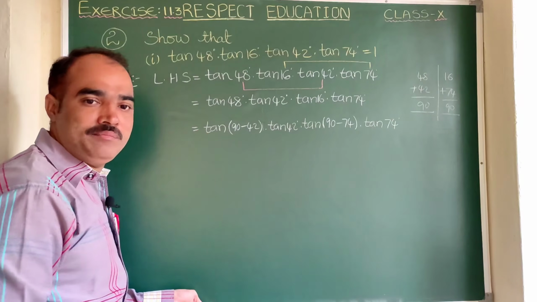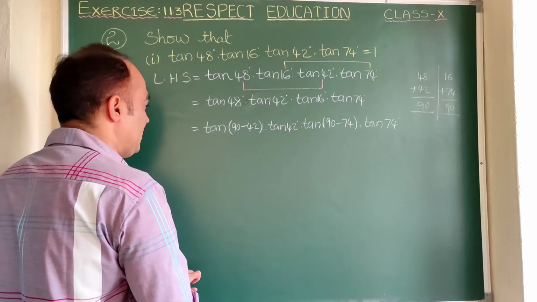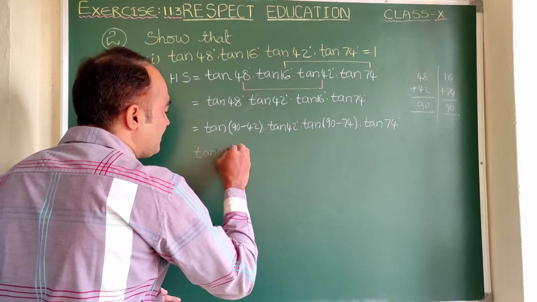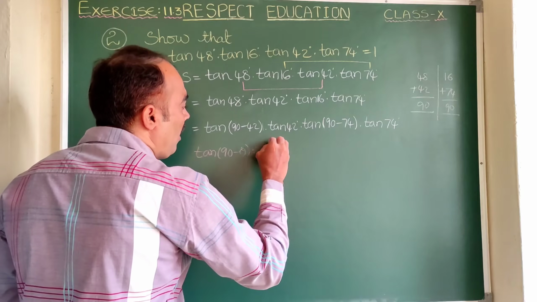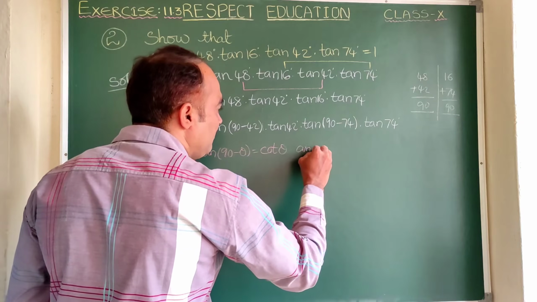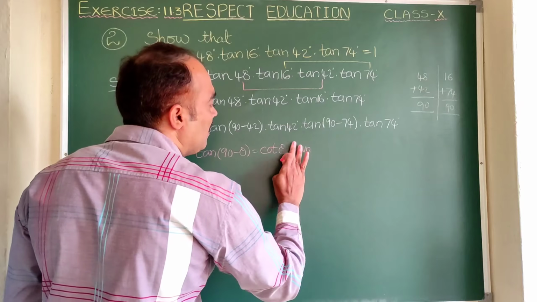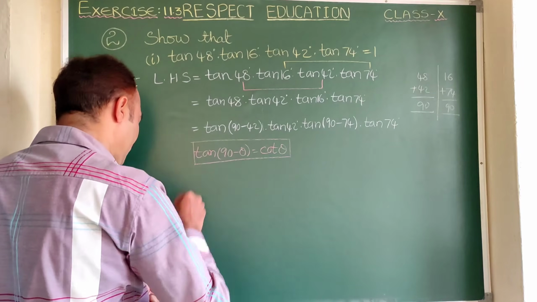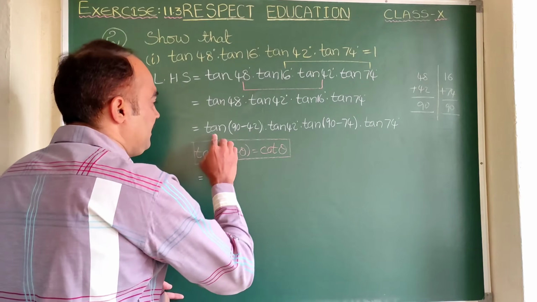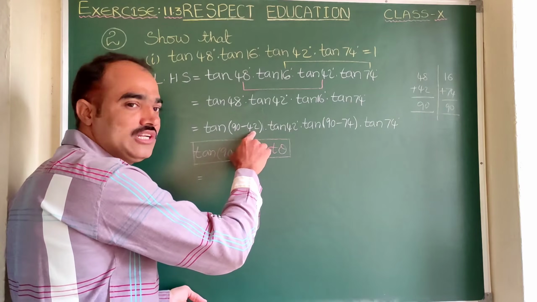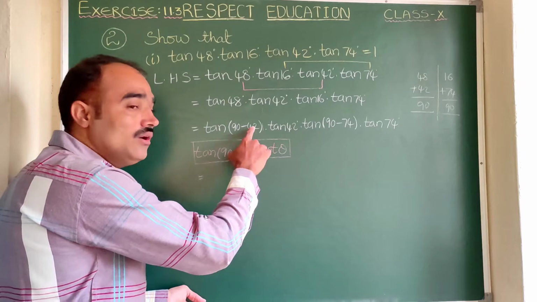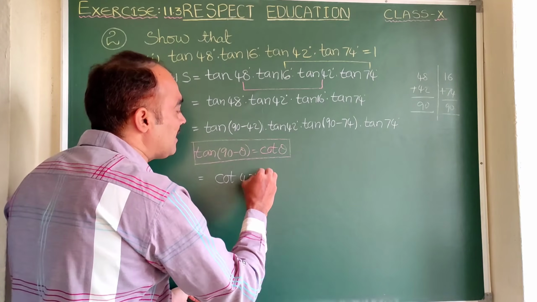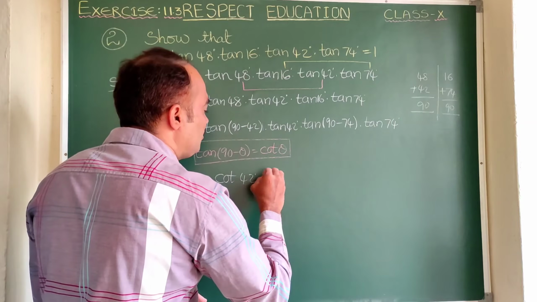Is there any doubt in this step? No, sir. Now let us apply the formulas. Tan of 90 minus theta can be written as cot theta, and here also the same formula. Now you tell me, tan of 90 minus 42 degrees becomes cot 42 degrees. Is it clear? Yes, into tan 42 as it is.